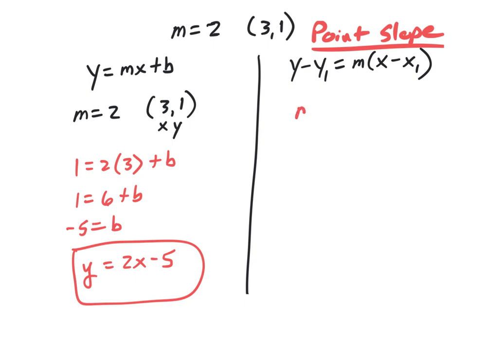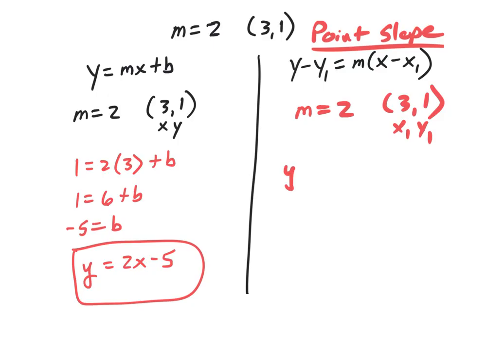So on this one, we're still going to use the same information. Slope of 2 and a point of (3, -1). On this one though, we're going to label this ordered pair as x1, y1. And we're not going to put anything in for the x and the y. We're going to put it in for x1 and y1.